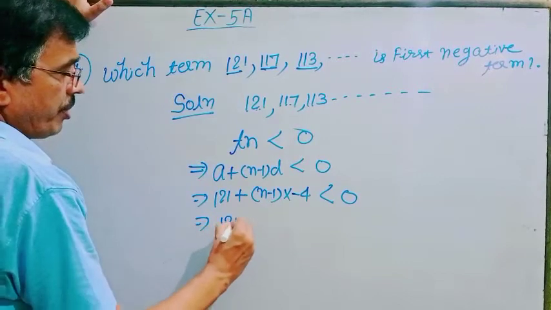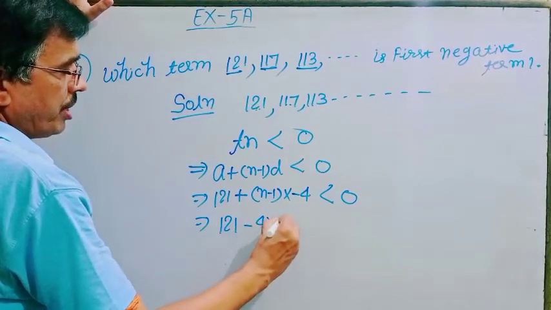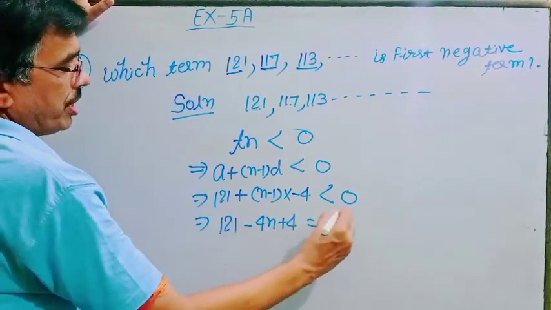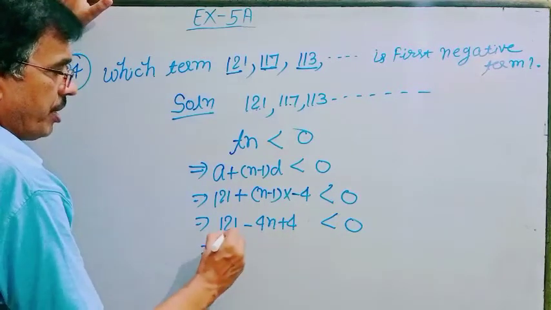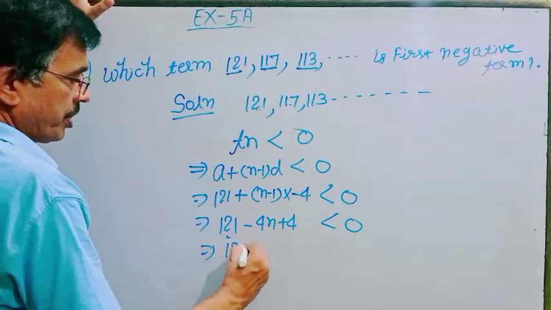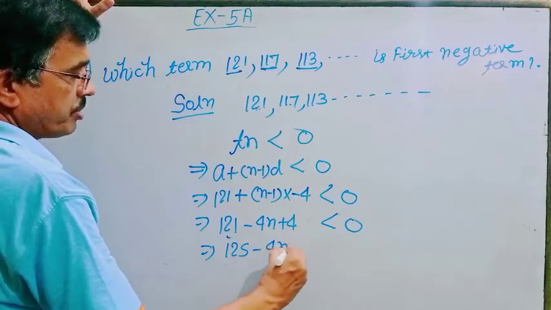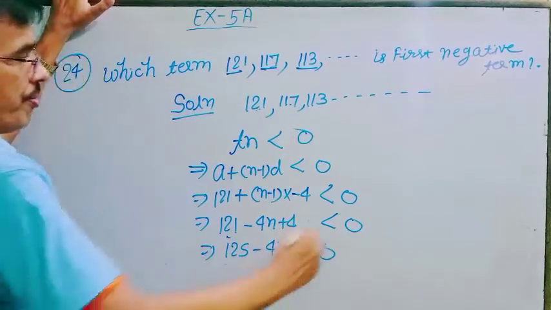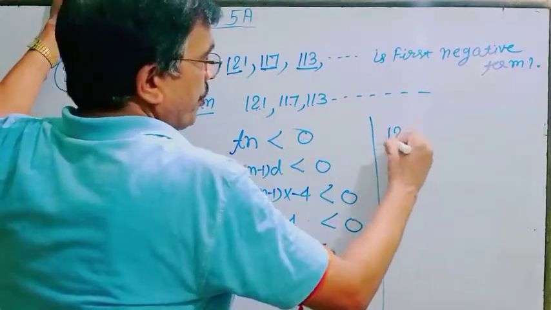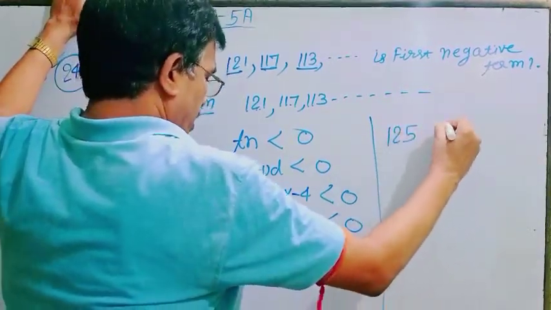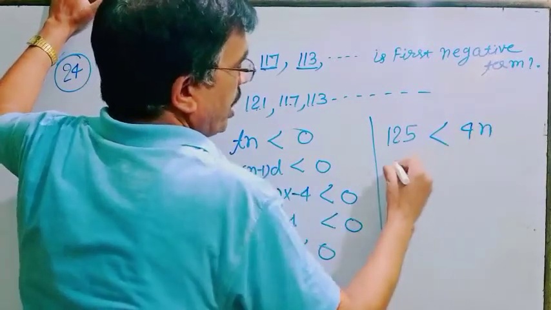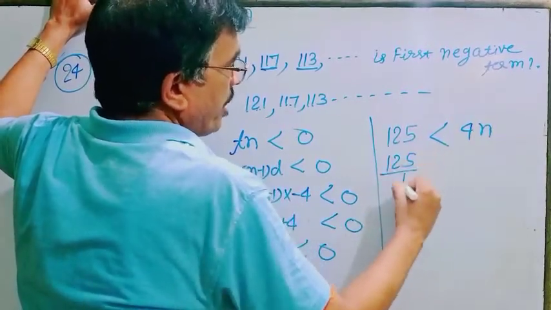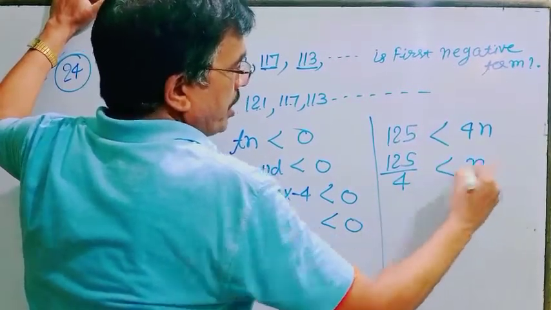You get 121 minus 4N plus 4 is less than 0. Then 121 plus 4, that is 125, minus 4N less than 0. So you get 125 less than 4N, that is 125 by 4 less than N.